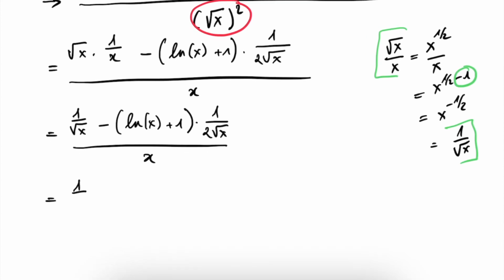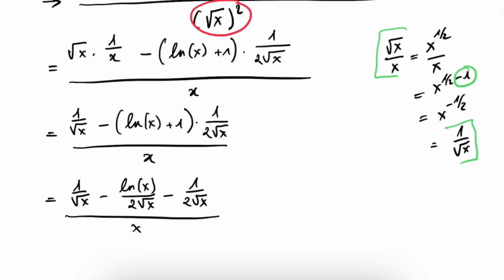So we get 1 over the square root of x minus ln of x divided by 2 times the square root of x, minus 1 over 2 times the square root of x. What I did here is multiply this ln with this 1 over 2 square root of x and then multiply this 1 with the same term. And we divide this all by x.